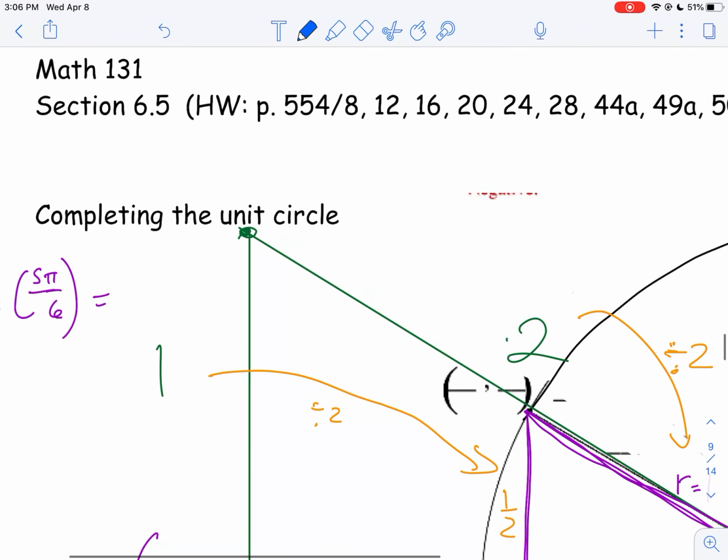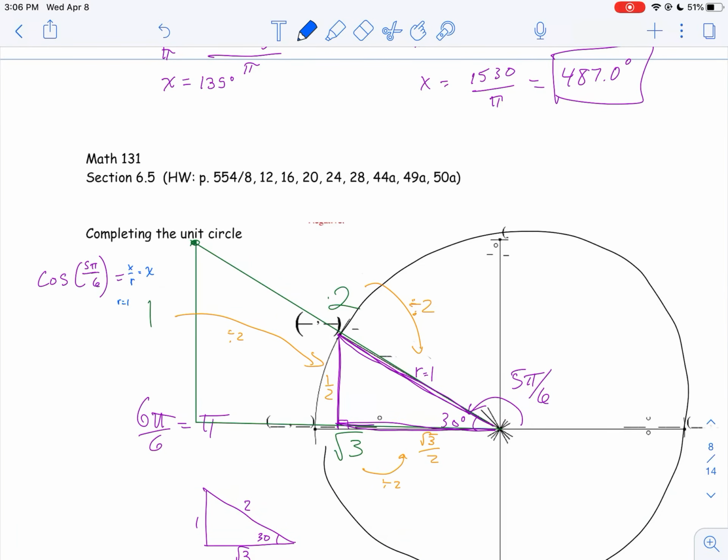I take x over r, because that's the definition for cosine. But since the radius is 1, x divided by 1 is just x. So the advantage of using a unit circle is that we don't have to worry about the radius. We just have to find the x value.